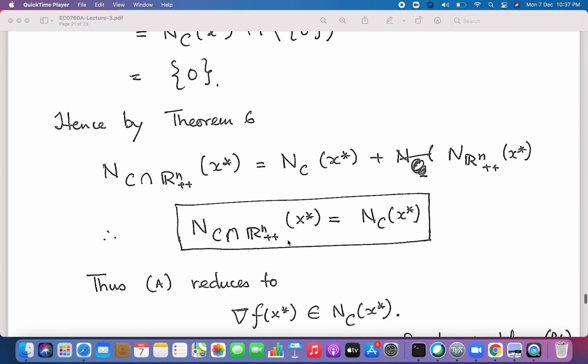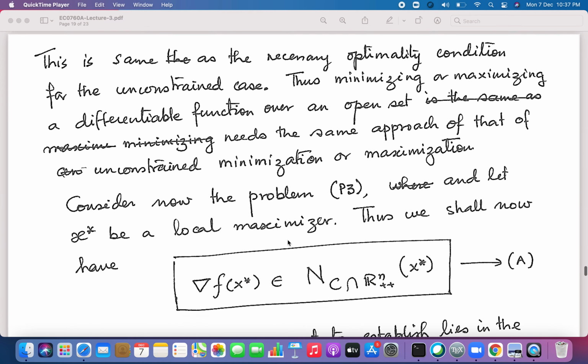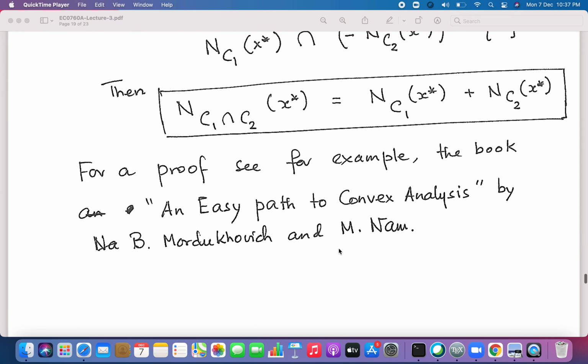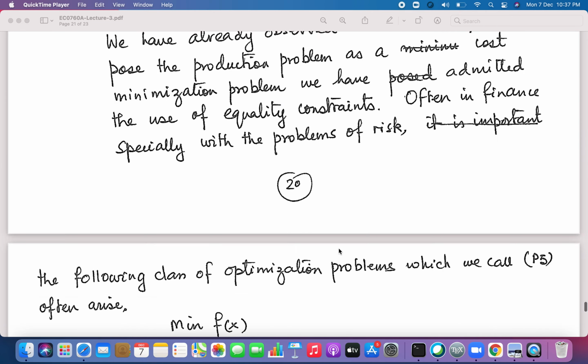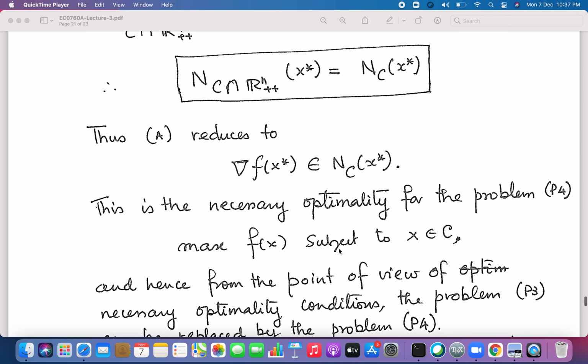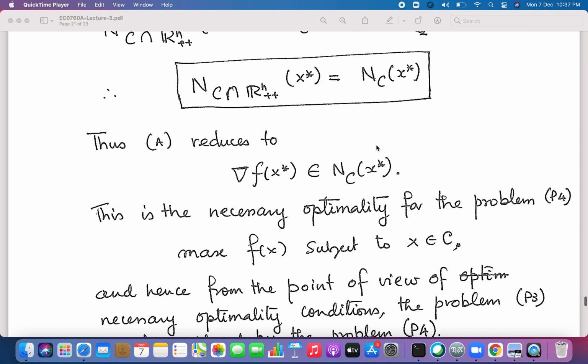So this condition A now reduces to the condition that we had in theorem 1. So this is nothing but the optimality condition that we had, subject to x an element of C. Yes, C is a closed set, of course, in our actual real applications.